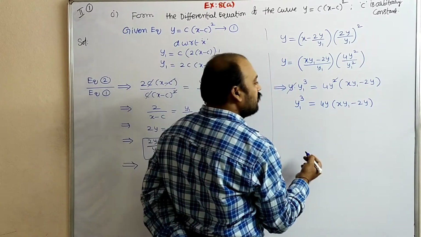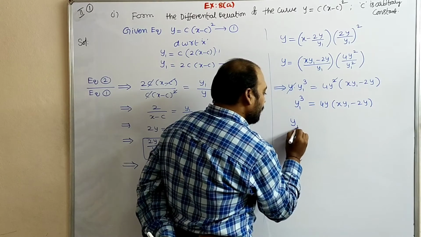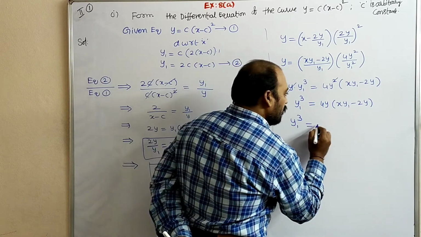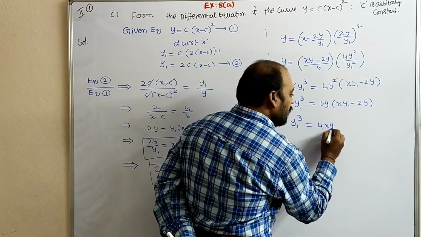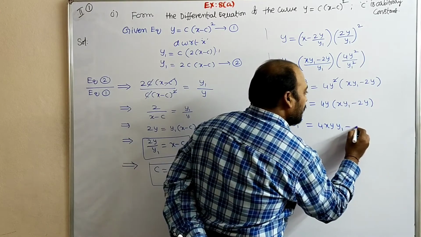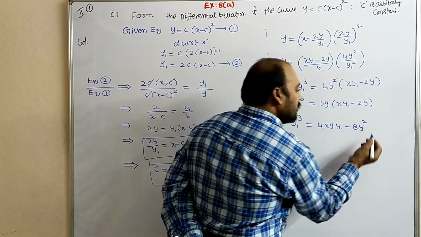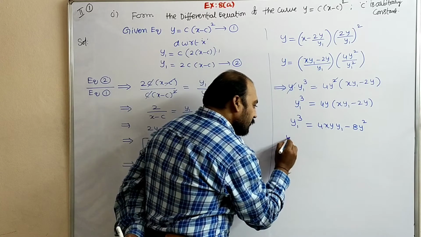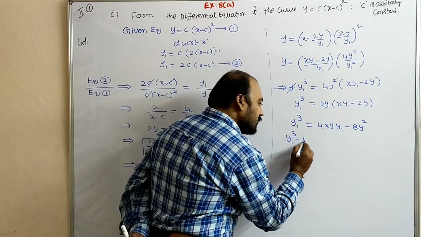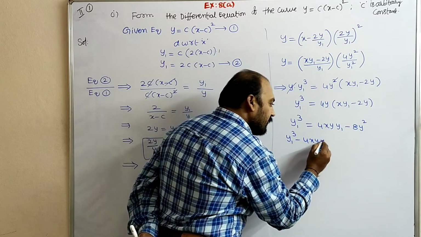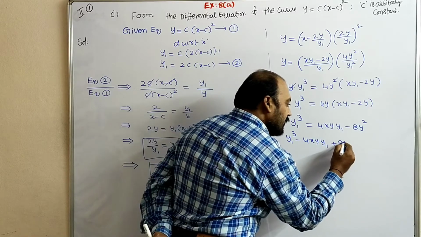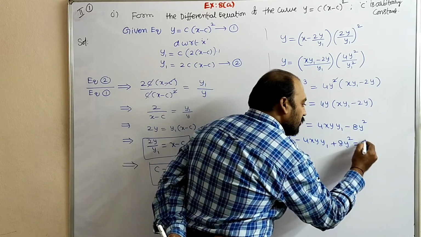Actual multiplication you have to do. y1 cube equal to 4xy into y1 minus 8y square. These values we can take this side: y1 cube minus 4xy into y1 plus 8y square equal to 0.